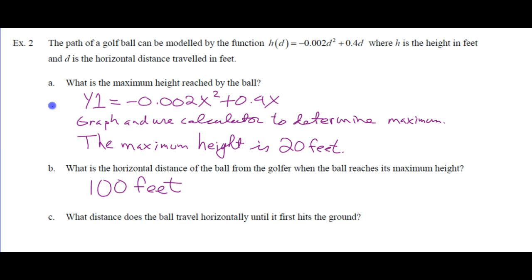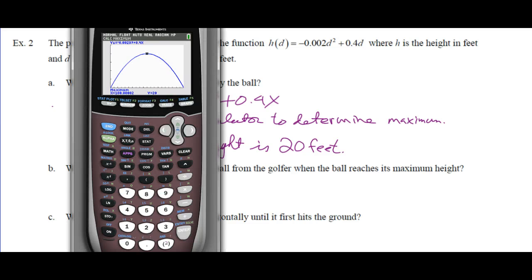What distance does the ball travel horizontally until it first hits the ground? Okay, so what do we need to find now? We need to find this, right? So we can go to y equals. We can graph y2 equals 0. We might want to change the window a bit.